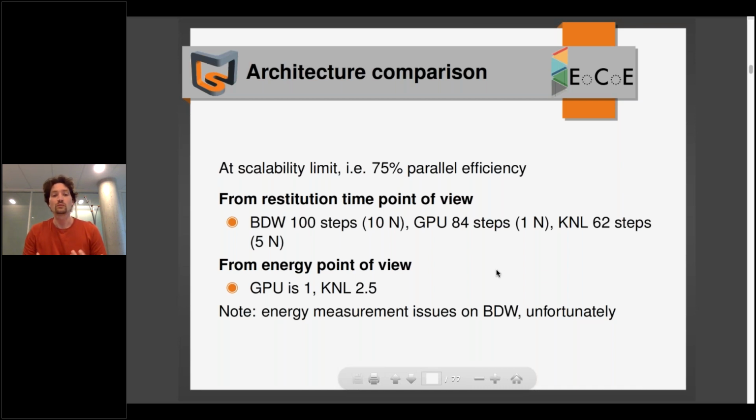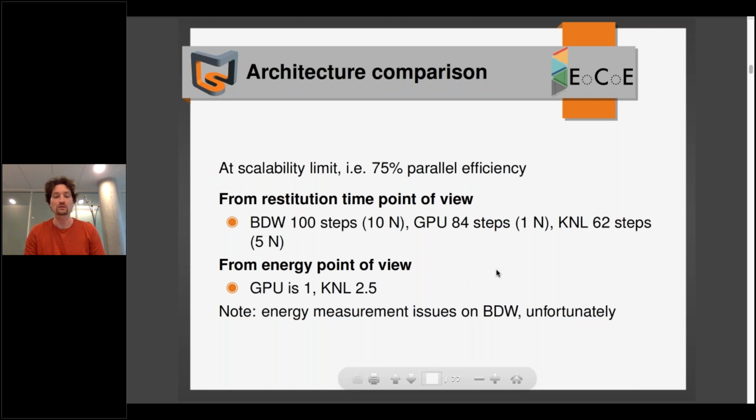So from a restitution time point of view, at scalability limits, the Broadwell architecture is still the most efficient. But from the energy point of view, GPU is the most efficient. With 1 node, if it requires 1 unit of energy, on the Kernel architecture we require 2.5 times more energy to do the same physics.